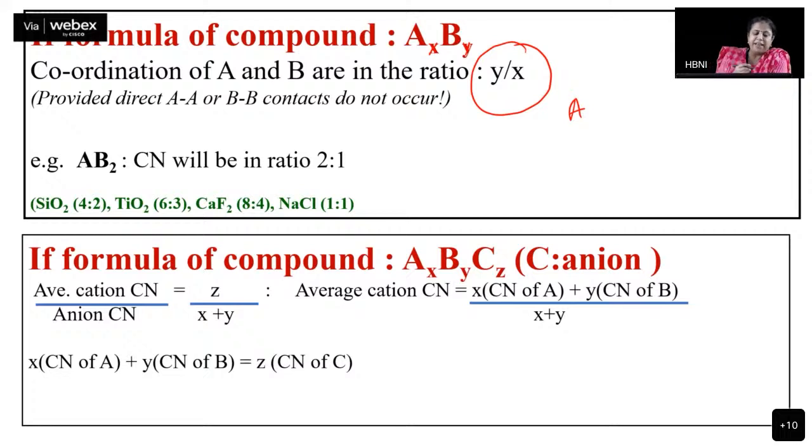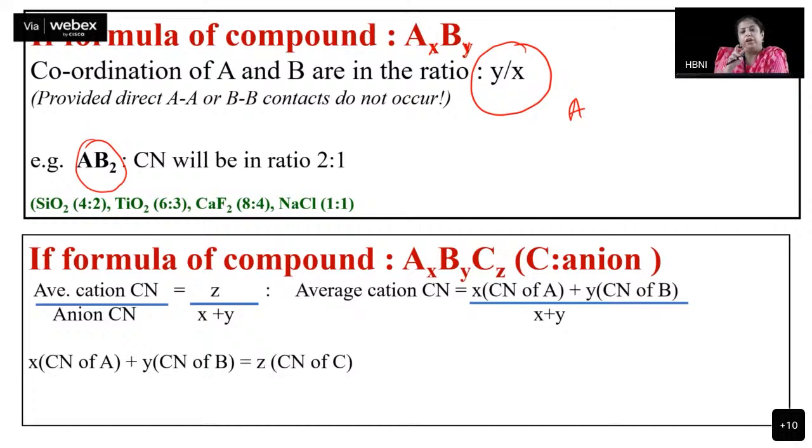So if I take a few examples, in an AB2 compound, the coordination numbers will be in the ratio 2:1. That is, the coordination number of A will be twice that of B. A very good example is calcium fluoride, the fluorite type structure. The ratio of calcium to fluorine is 1:2, but the coordination number of calcium is 8 and fluorine is 4.